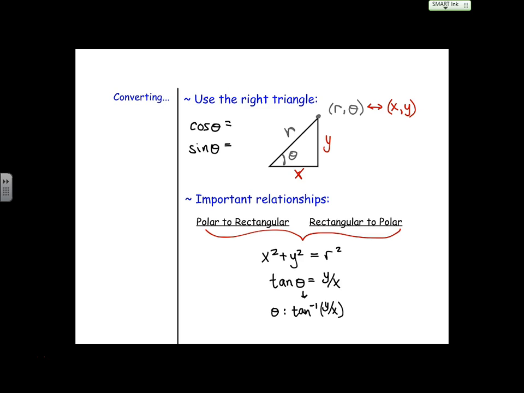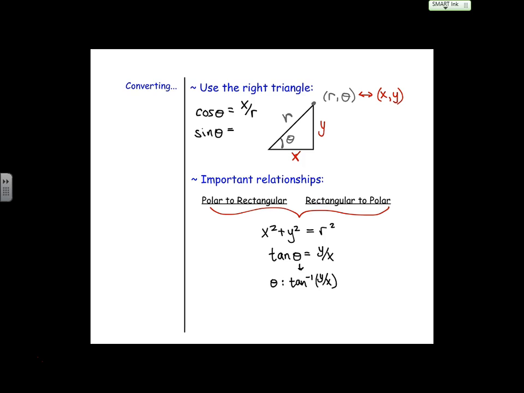So I can say cosine is x over r, but we're not going to usually have an x and an r together. What's a little more common is we're going to have r and theta and need x. So we can multiply r to the other side and have this formula, x equals r cosine theta, which kind of sounds like something from vectors as well.